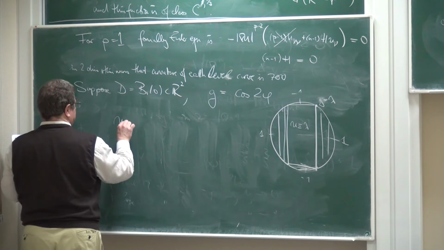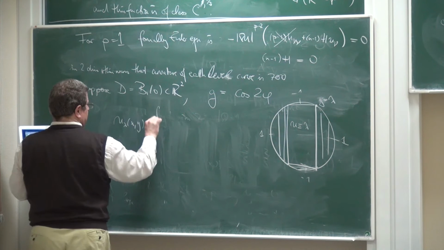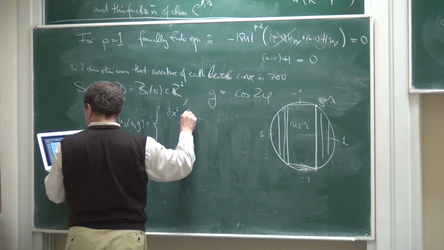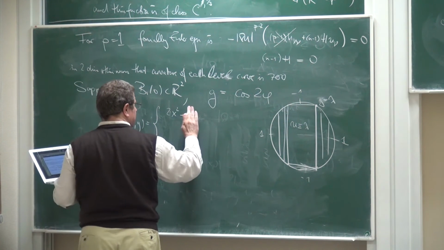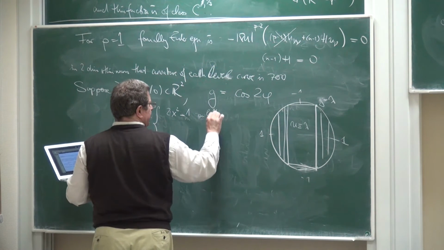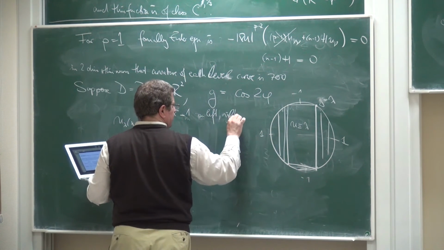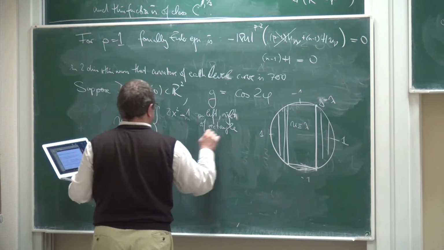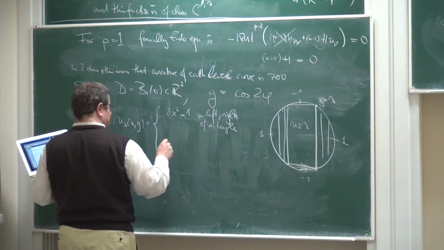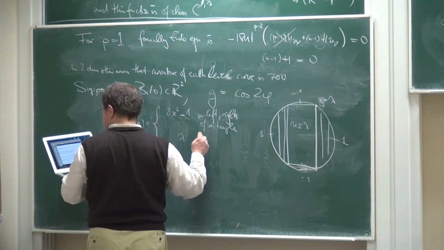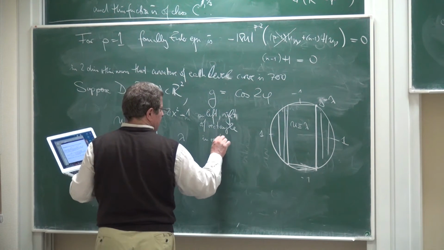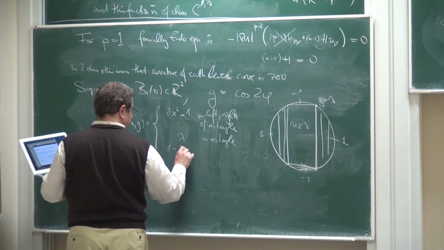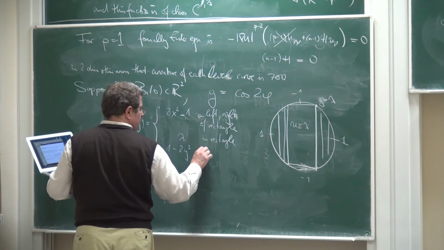So u_lambda of x and y can be given as 2x squared minus 1 on the left and right of the rectangle. It is lambda in the rectangle, and it is 1 minus 2y squared on top and bottom.